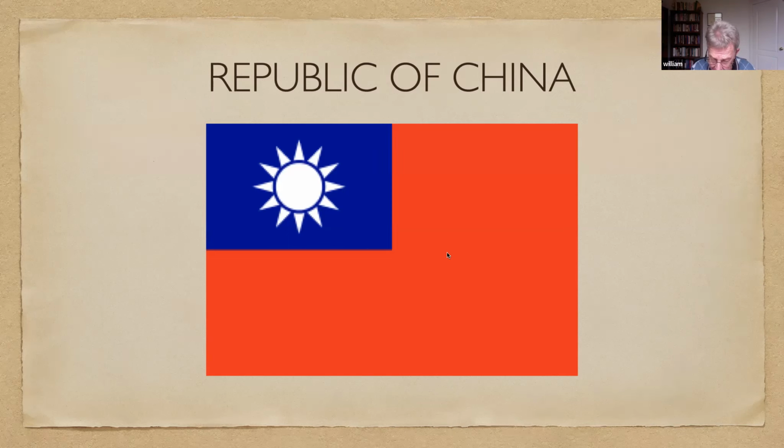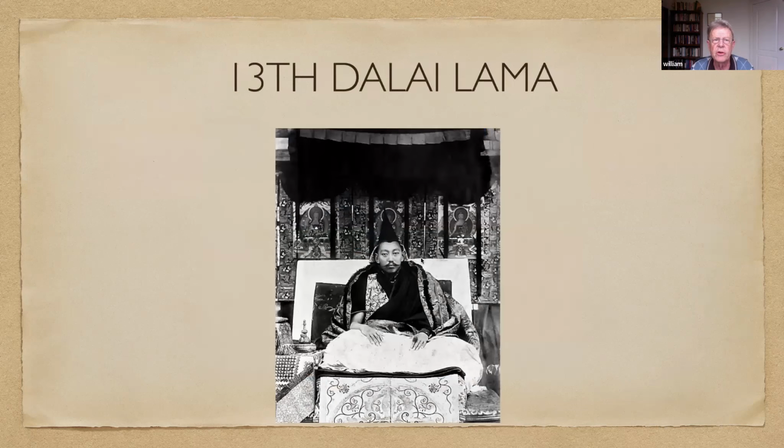Remember that, it's important. So for the next 36 years, the 13th Dalai Lama, whose name is Thubten Gyatso, and here we see a picture of him, and his regents who succeeded him govern Tibet.